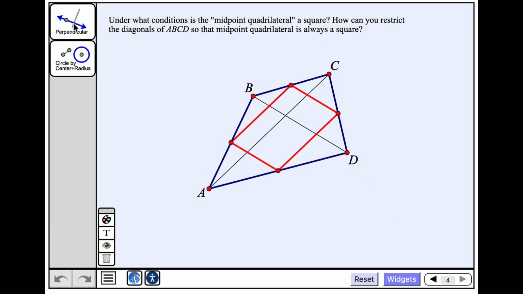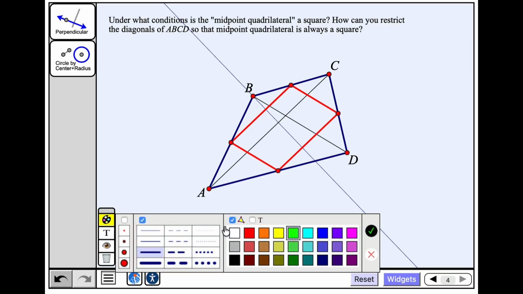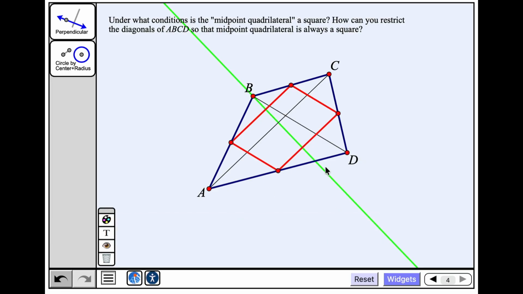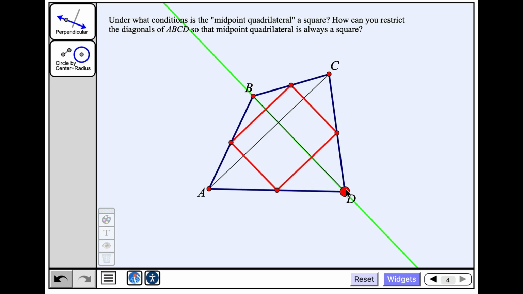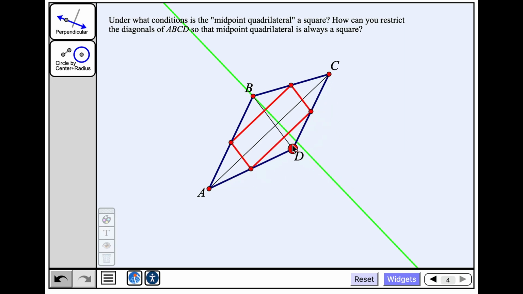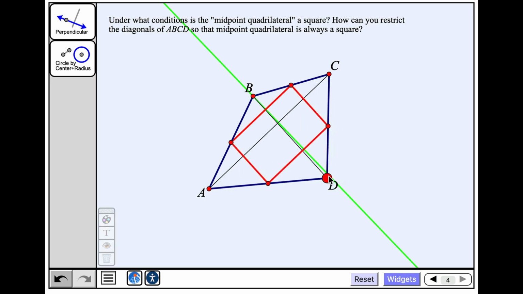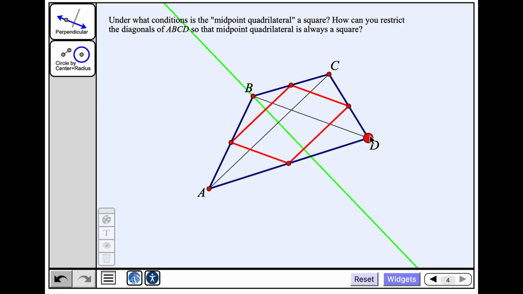So to start with the perpendicular, I'll construct a perpendicular to diagonal AC passing through point B. Once again, why don't we change that to green and thick. Now D is going to sit somewhere on this line, but we need to make sure that BD is equal to AC.